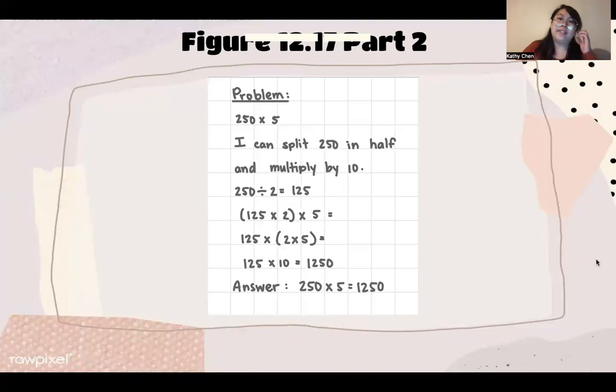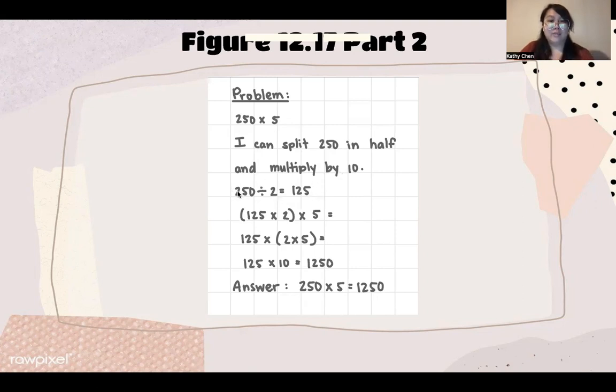Figure 12.17 part 2. We see another problem here. So for this problem, it's 250 times 5. The student said, I can split 250 in half and multiply by 10. So this is what I did over here.